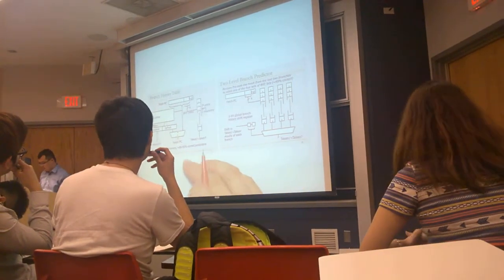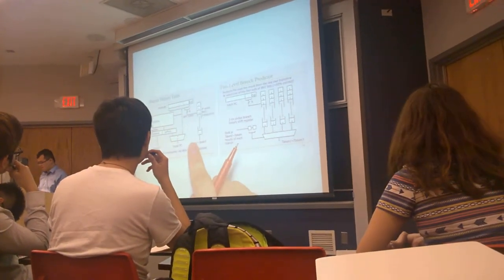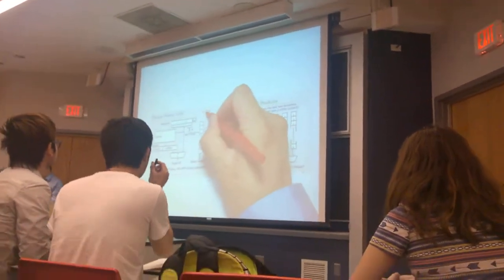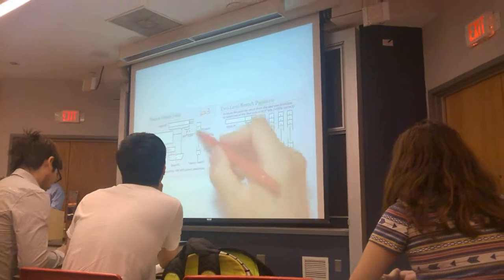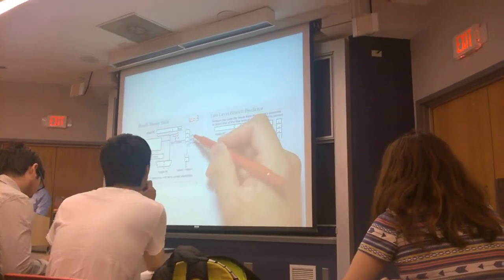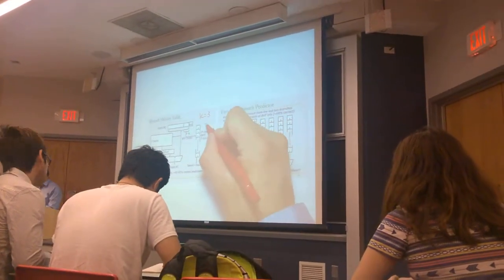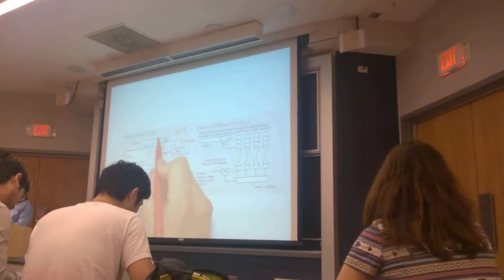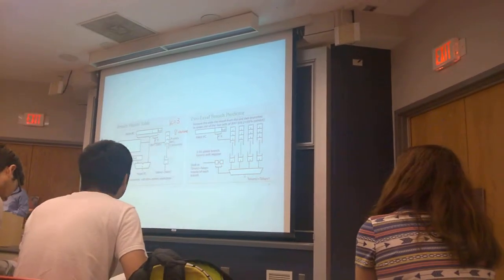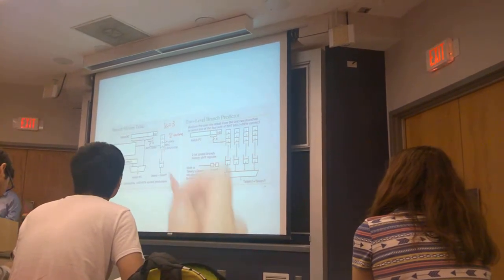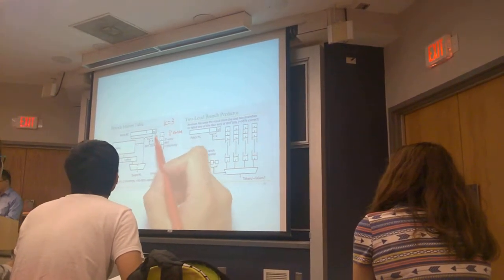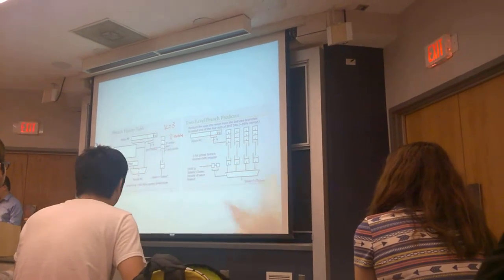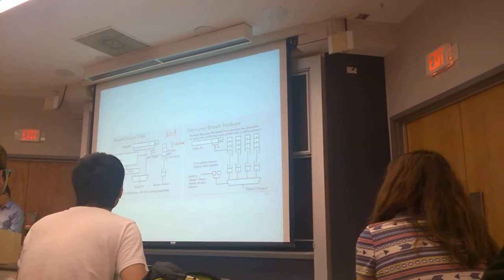So here is our branch history table, right? We just discussed it. Let's assume right now k equals 3, which means we will have in total 2^3, 8 entries. For the current PC, because it's 32 bits, the last two bits will always be 0, and then we will look at another 3 bits.